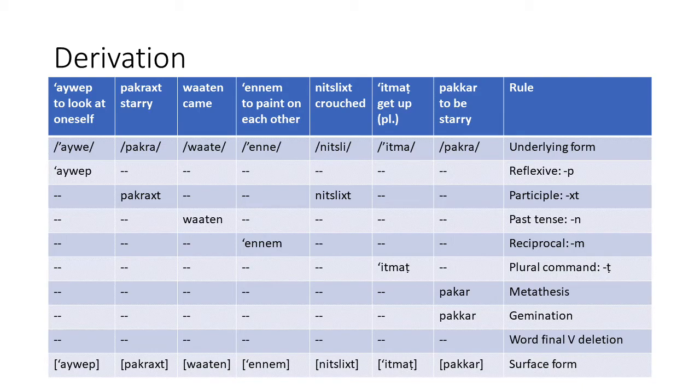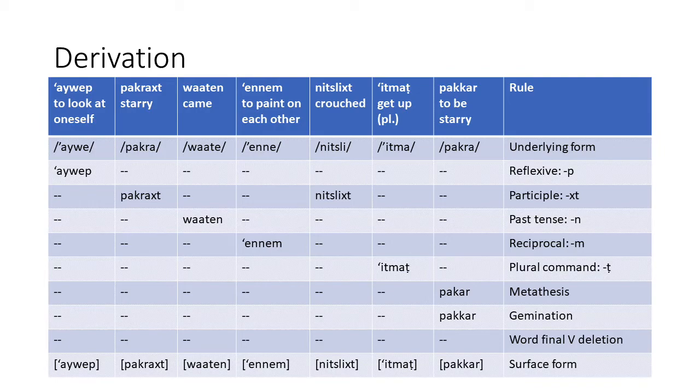If you look through all these, what you notice is that when you have a morphological rule applied, like when you want to make a grammatical form, like starry, or came, to paint on each other, crouched, get up, things like these, you really just need to add the morphological suffix onto the underlying form, and you have the word. In the second to last column, I put pakkar, how we got pakkar in the derivation before this one.